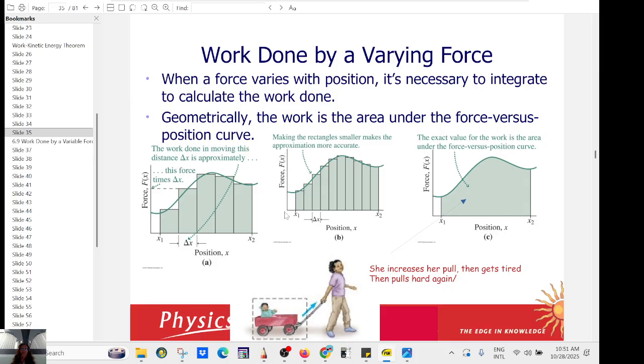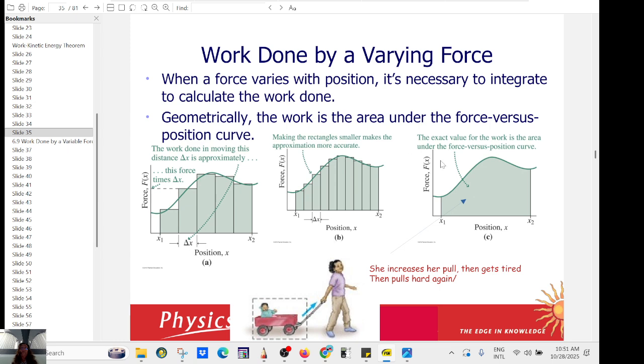So if you have the force as a function of x, from place 1 to place 2, the force is going to increase in magnitude, get to a maximum, and then decrease. To find the integral here, it's just the sum of delta x times the force, delta x times the force. And you know that integral means area under the graph.